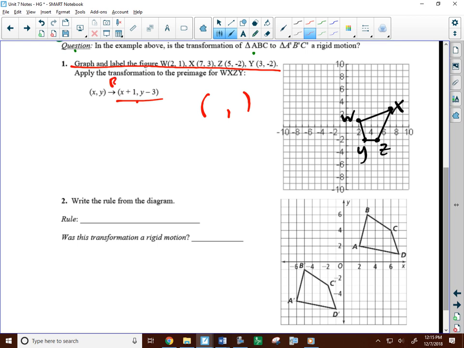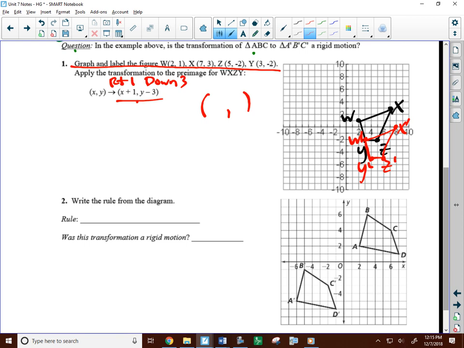Just to make sure you're on the right track, you should say this is right 1, x plus 1, and then the y minus 3 is down 3. So each point, right 1, down 3.